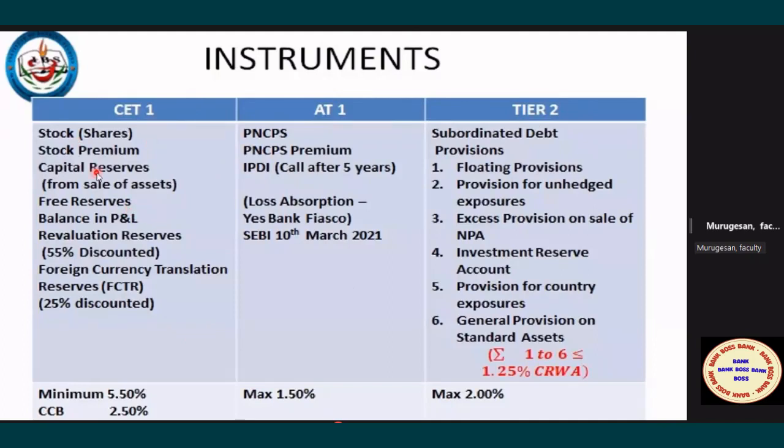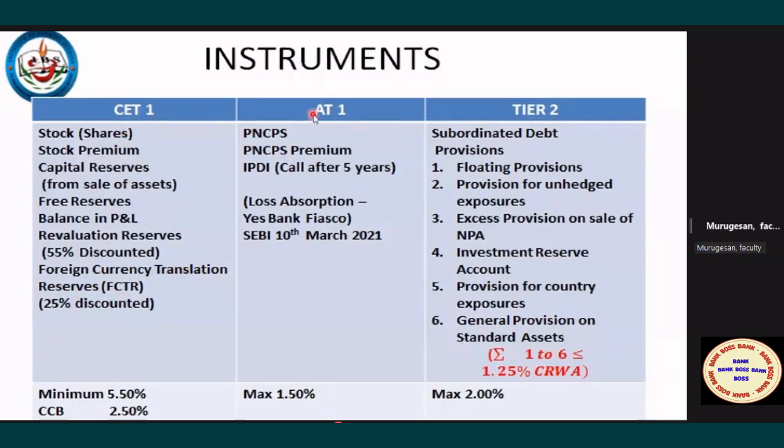I am giving it again, and also at the end, just to have a look at it. Stock shares, CET1. Premium, CET1. Capital reserves, no discount, CET1. Free reserve, CET1. The balance in the P&L account surplus, CET1. Revaluation reserve at 55% discount, CET1. Foreign currency translation reserve, FCTR, 28% discount, CET1.